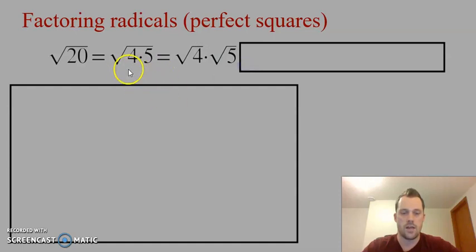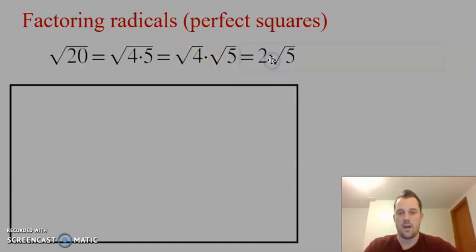So it's kind of nice we can separate those out, because now square root of 4 is 2. And so this can actually be written as 2 root 5 or 2 radical 5. So that's one way that we can simplify these radicals here, is by factoring out a perfect square.